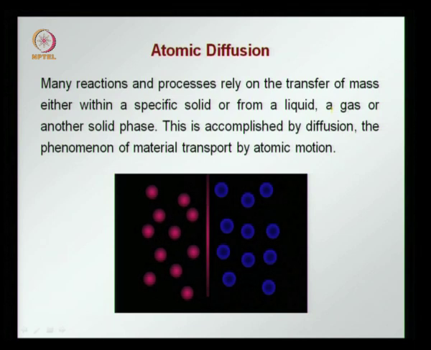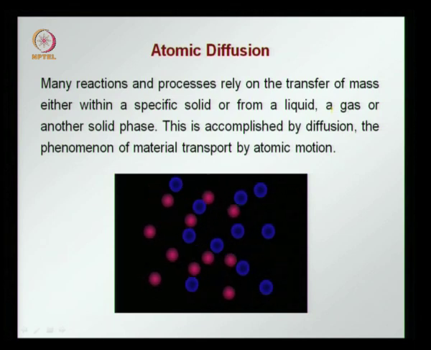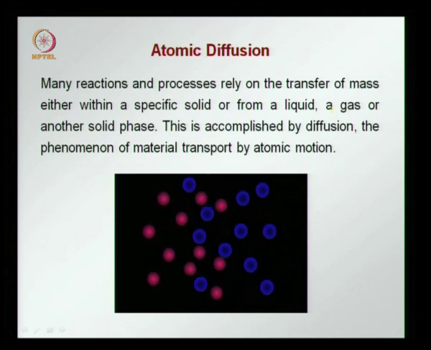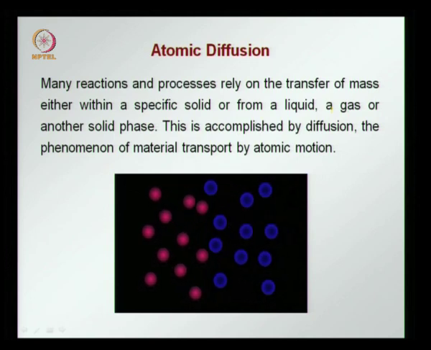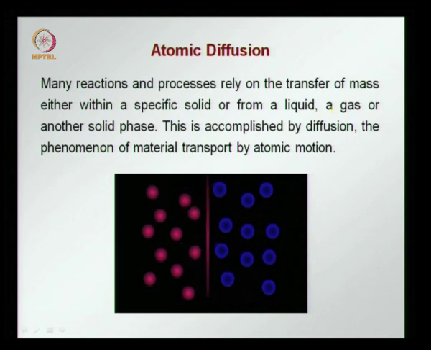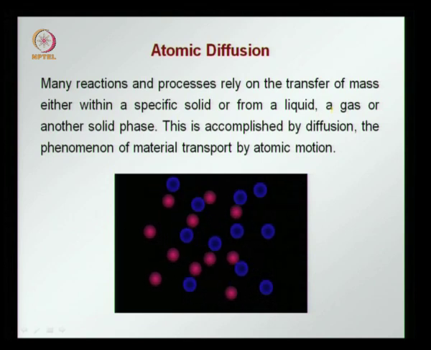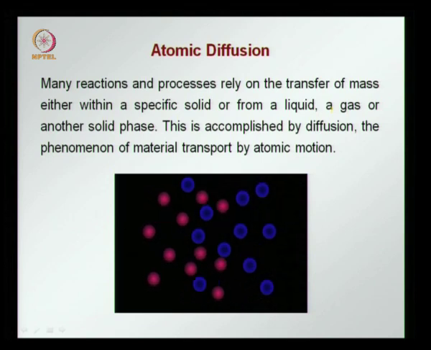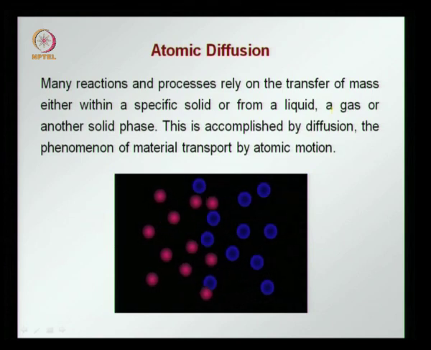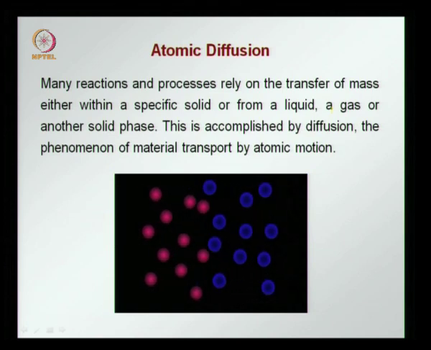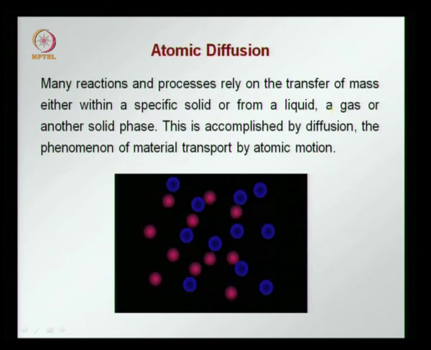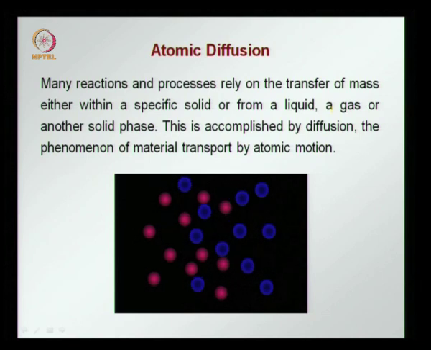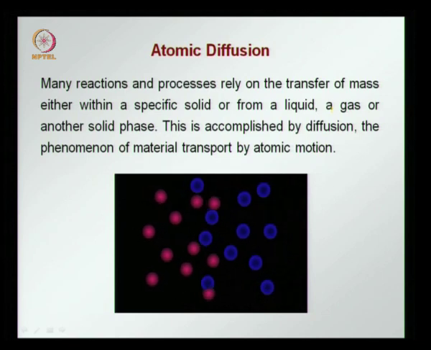Many reactions and processes rely on the transfer of mass within a solid or a liquid or a gas, or into another solid phase, and this transfer is accomplished by diffusion, which you see in the animation below, where you have the diffusion of the red and the blue atoms occurring in time.